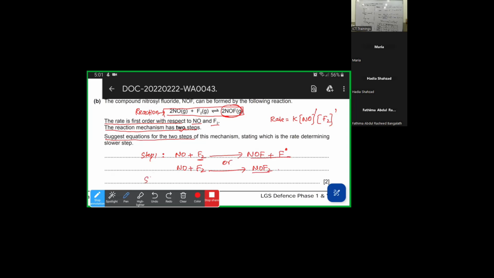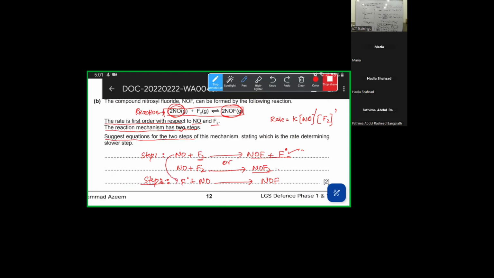Then you could make step two. In step two, if you have taken this one, you could write F radical. We have two NO in the main reaction, so take one more NO, and we will get NOF. This one is consistent with that.